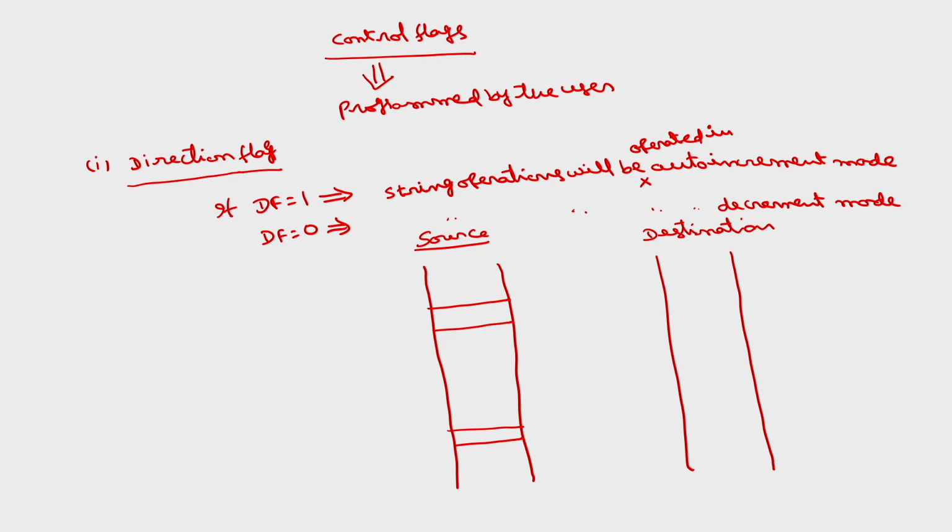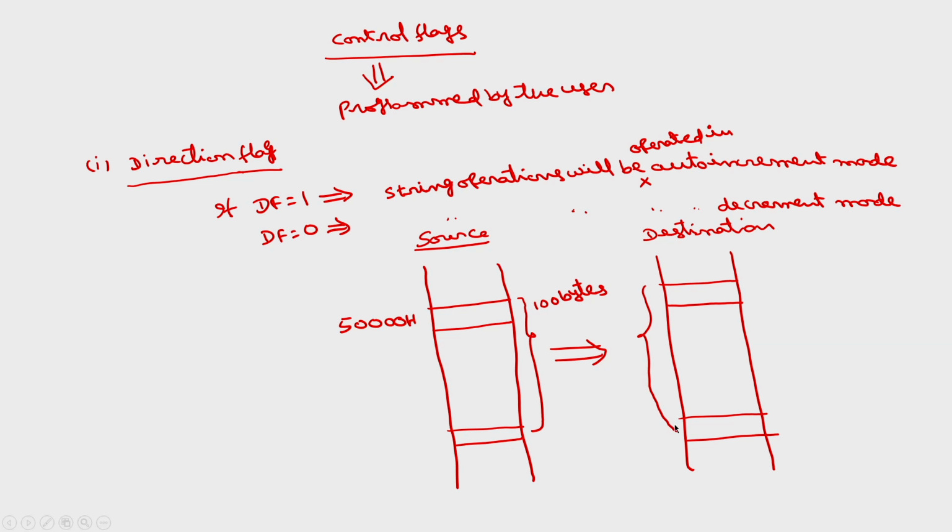Say the starting address of the source is 50,000H, and I want to transfer 100 bytes, decimal 100 bytes, to here. A block transfer.